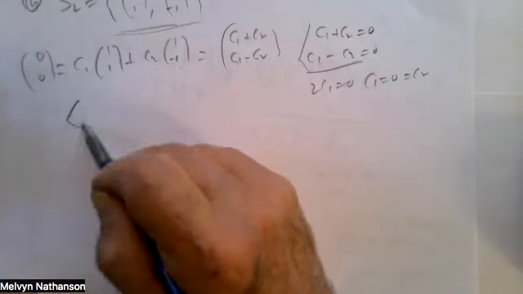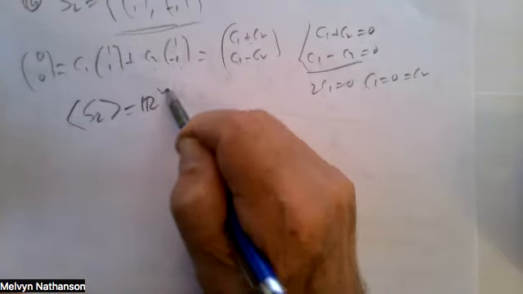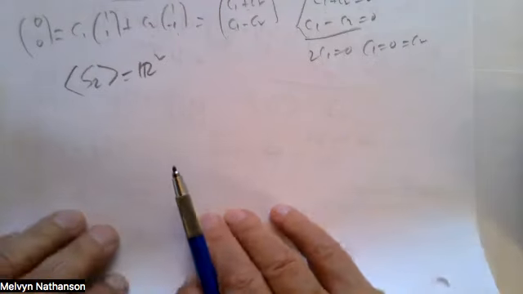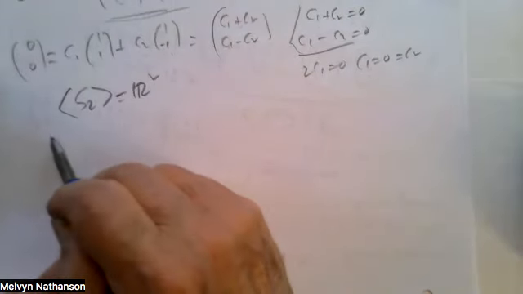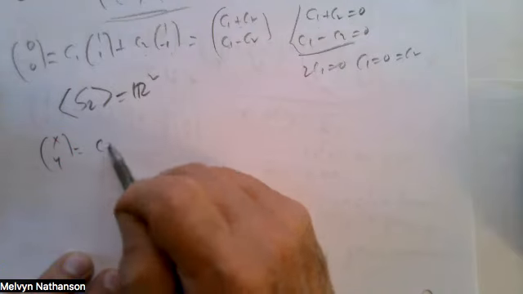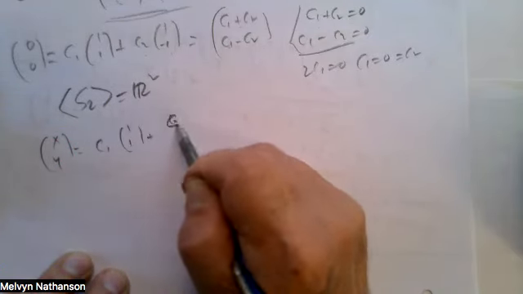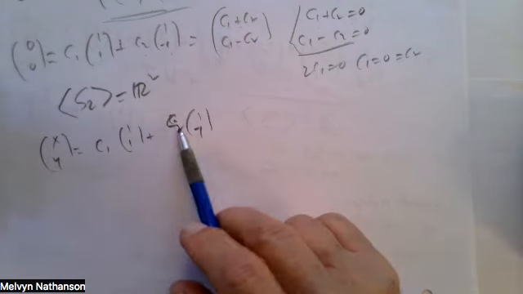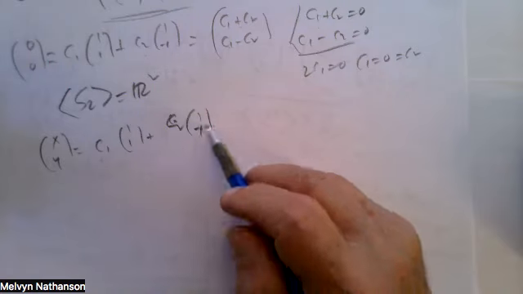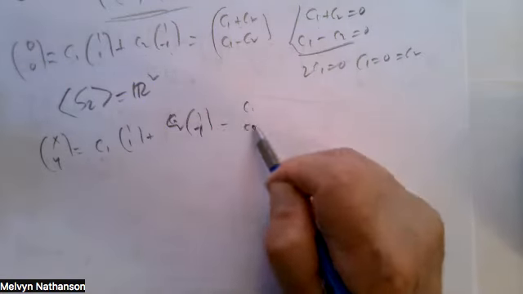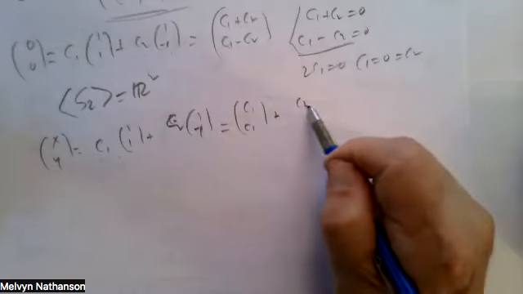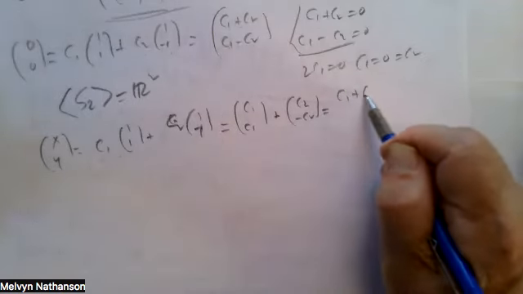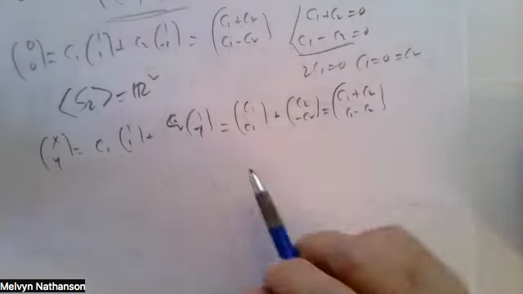So the subspace they generate is going to be all of R2. If you want to see that explicitly, suppose I want to write the vector (x, y) as some linear combination of these two vectors. Can I find C1 and C2 that satisfy this equation? This is (C1, C1) plus (C2, -C2), which is (C1 + C2, C1 - C2).